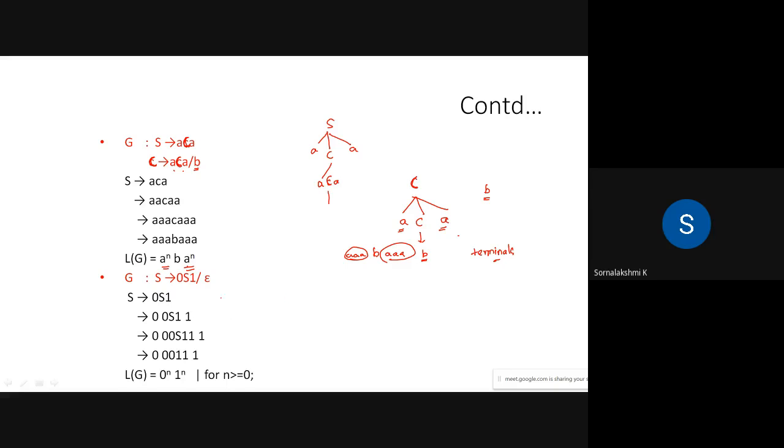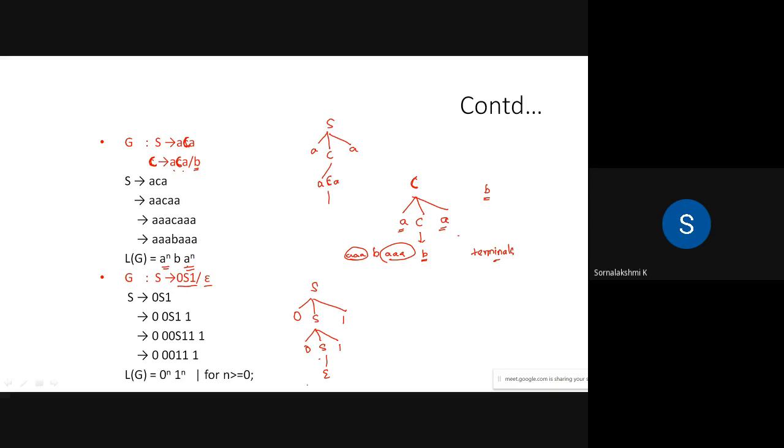And the other example is S goes to 0S1 or epsilon. Whatever we did here, B was a separate terminal, but here I've given epsilon. So it is like 0 occurs n times, 1 occurs n times. You can say S is replaced by 0S1, and again S, however many times you replace it with 0S1, till you substitute an epsilon.